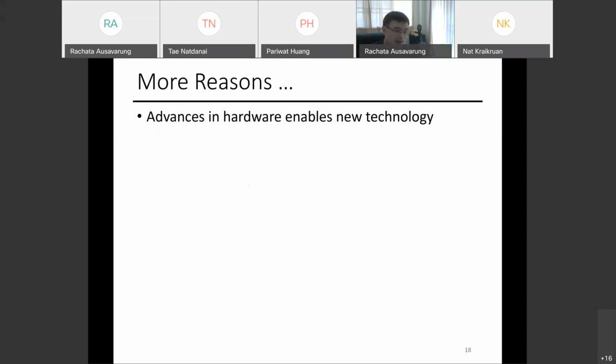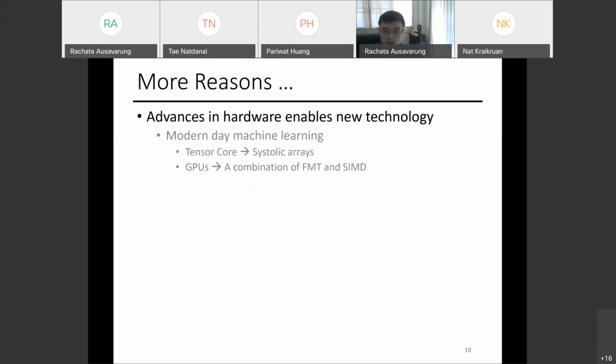More reasons, if you look at how advances in technology, this new technology is all about advances in hardware. Why is that the case? Well, modern day machine learning is actually hardware that you can run on a GPU. GPU is essentially a combination of two old concepts in architecture.